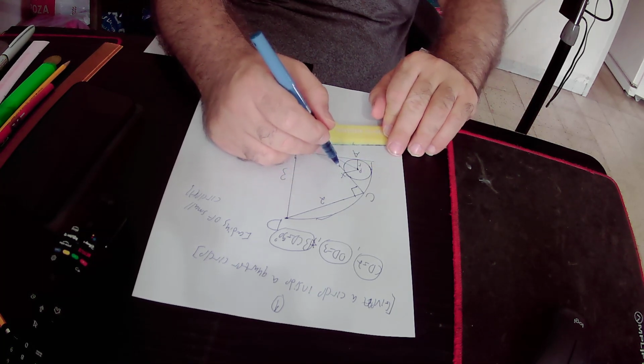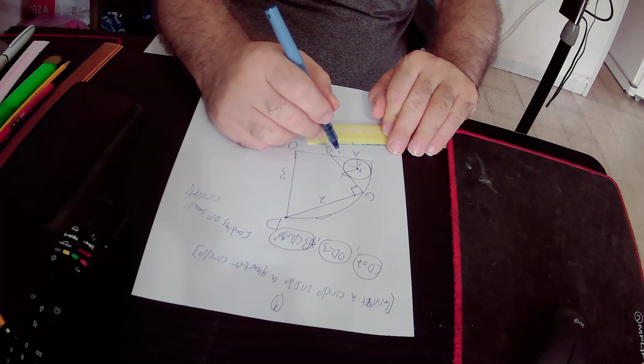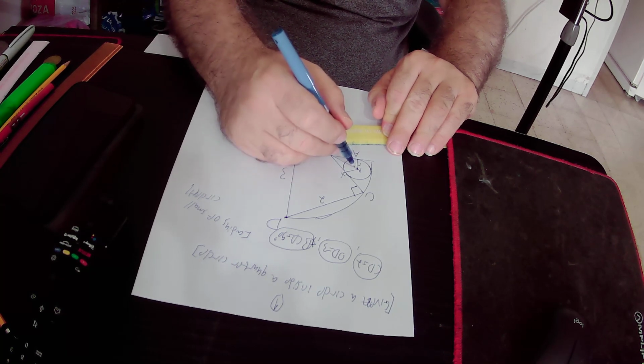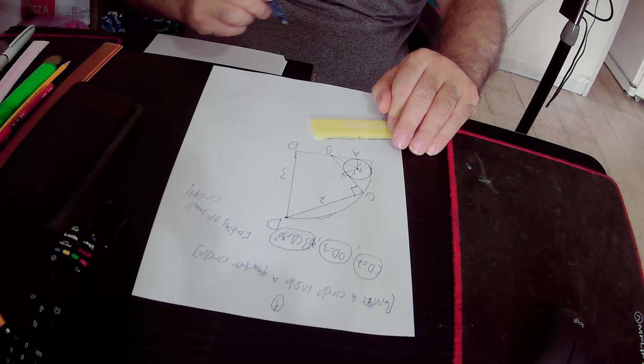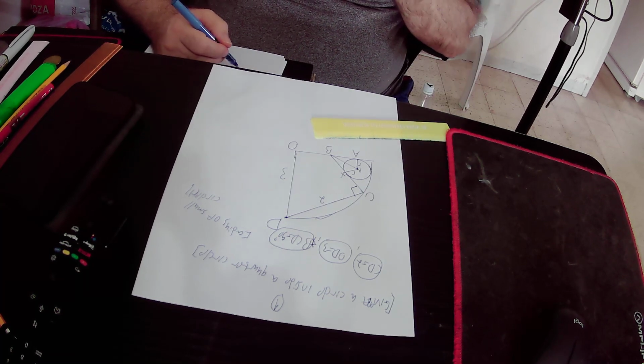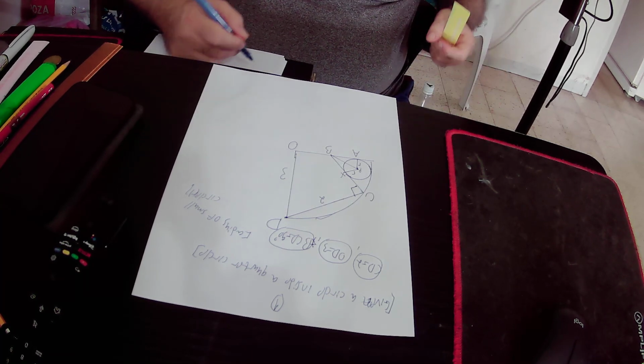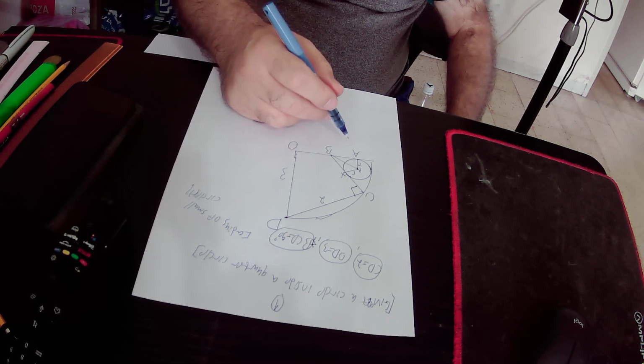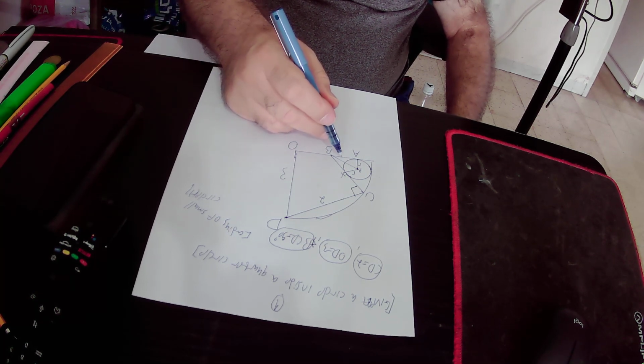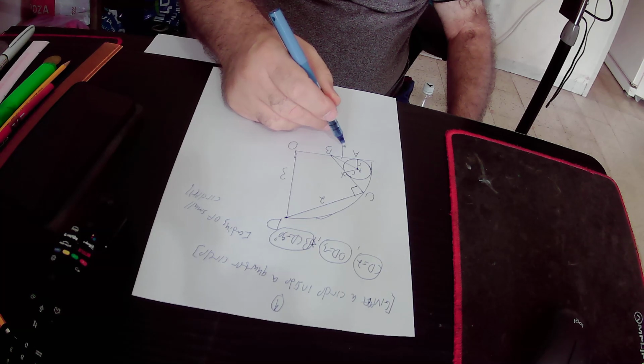Actually PX is the radius of the small circle. I will define it as R, that is the radius of the small circle, and we will also define angle ABP, this angle, as theta.